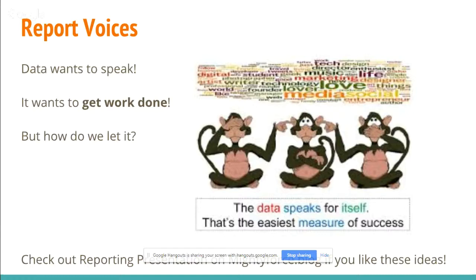It wants to advise you. Reporting is one way, and list views is another way. If you like this idea of exploring how can your data speak, what does it want to do, you can check out a presentation I have on reporting on mightyforce.org. It identifies 6 voices of your data at your nonprofit and how you might use those.